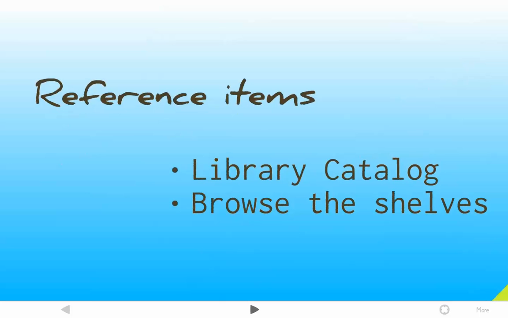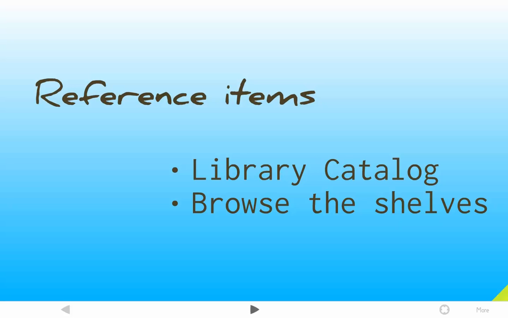So where do we find all these sources? Reference items, books, periodicals, internet sources. Where are they all? Well, that's what this class is all about. This is what we're going to talk about. Reference items. We have them in the library. You can find them in the library catalog. You can browse the shelves.